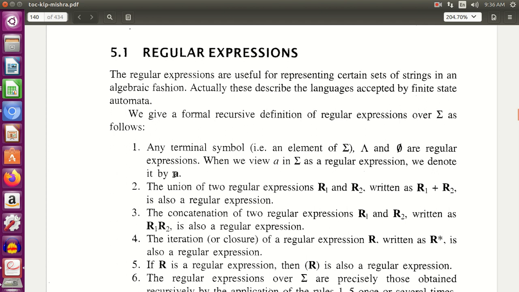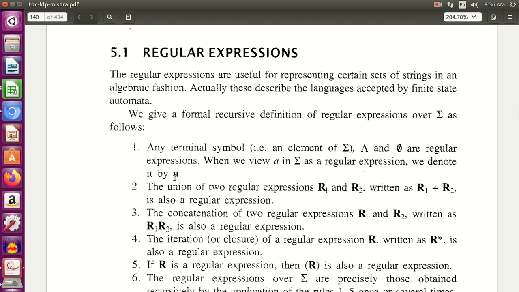While writing, just to differentiate between when I am writing a normal part of a language or a string a, and when I am denoting it as a regular expression, this differentiation is used. This is written in a bold font and this is in a regular font. Bold font denotes a regular expression. The meaning is the same, both are a, but one is a part of the language, written in normal font, and one is a part of the regular expression, written in bold font.